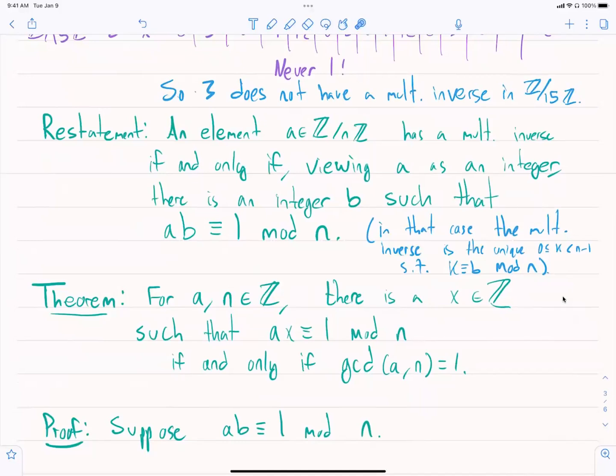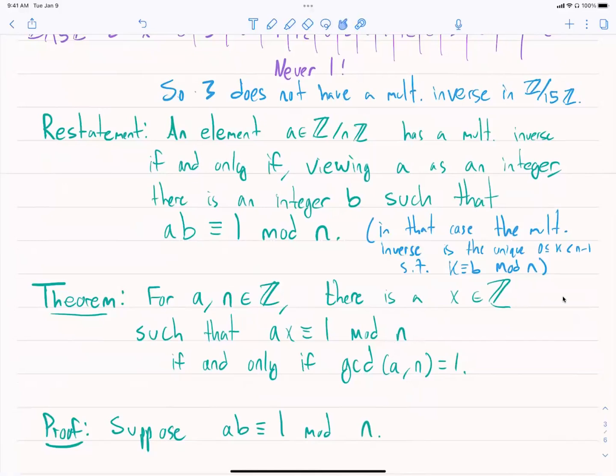So the statement is: if I have integers A and N, and I'm looking mod N for a multiplicative inverse of A, then there is an integer X such that A times X is congruent to 1 mod N if and only if the GCD of A and N is 1.